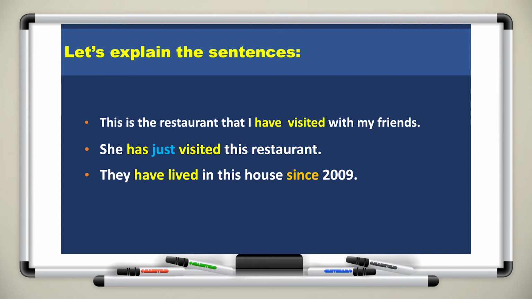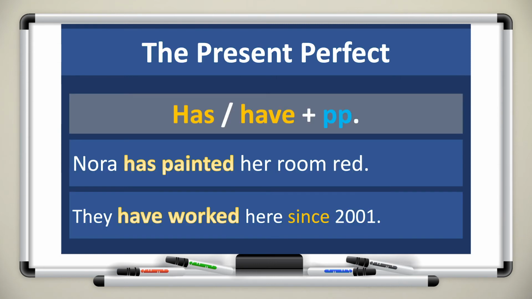Bear that in mind. So, the formula or the equation for the present perfect is using either has or have, and the verb is always in the past participle. For example, Noura has painted her room red. You see, Noura is a singular and it's a name. So I chose has and the verb in the past participle.